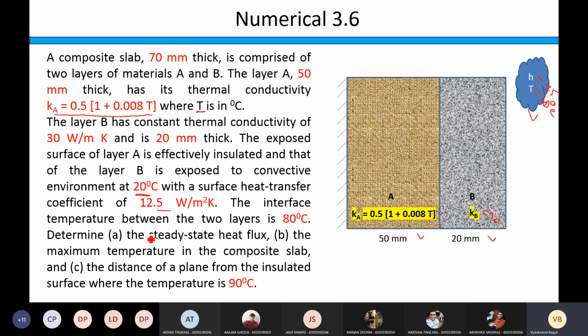Now the interface temperature between the two layers is 80 degrees C. So this temperature is given. This interface temperature is 80 degrees C. Fine. Determine number one the steady state heat flux, means what is this Q dash, what do you call it? Q double dash, no? For heat flux, Q double dash. So it is Q double dash is Q by A, right?